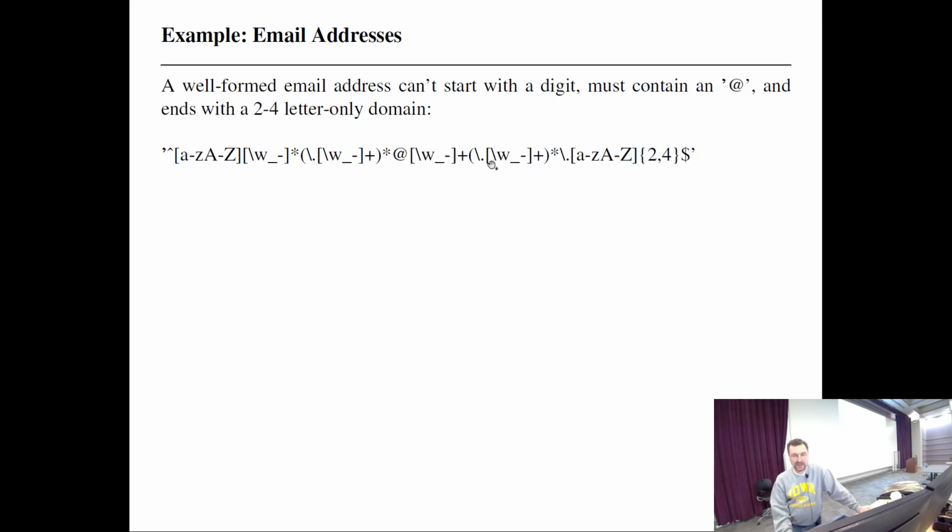Then I have a grouping of exactly the same pattern, 1 or more characters preceded by an explicit dot. So it's like vinci.cs.uiowa, and then that subpattern is repeated 0 or more times, and then I have an explicit dot with A through Z and A through Z between 2 and 4 times. So that matches .edu, it matches .com, matches .it, and so on.